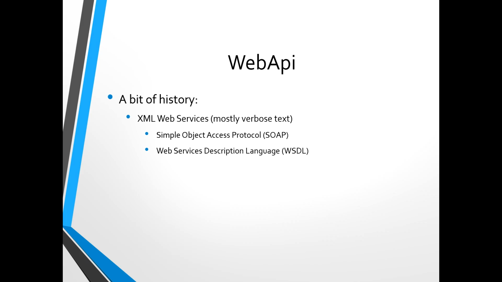And along with that came Web Service Description Language. So we had to write all this documentation basically to tell the world, if you want to talk to my data source, here's what you have to do. These are the rules on how you talk to my data, and that was all done through the WSDL.